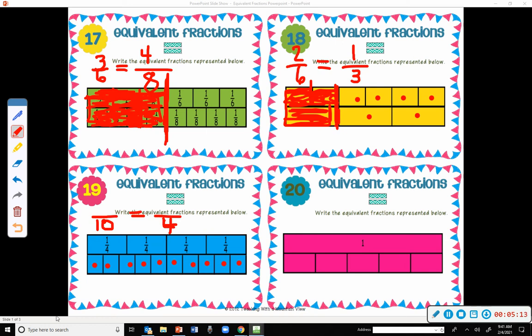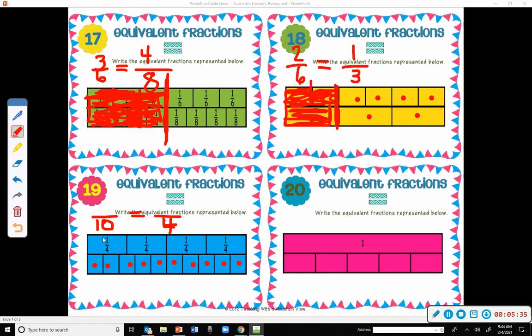Okay, now I want you guys to try this one on your own. What would you do to see if it's equal, or how many pieces it would take to equal each other? Let's see if we were able to figure it out on our own.